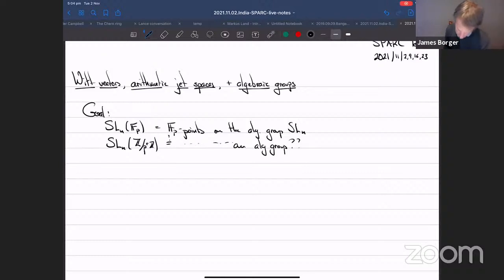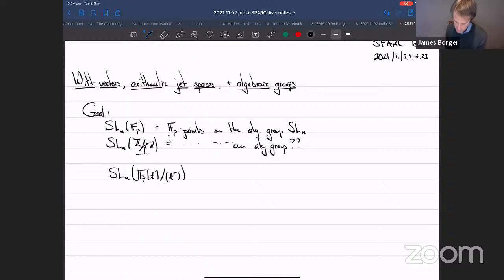One thing that might give you some confidence that the answer is yes is that if we look at what you might call an equal characteristic version of the integers modulo p^r. So say we take a polynomial ring over F_p and mod out by the ideal generated by T^r.